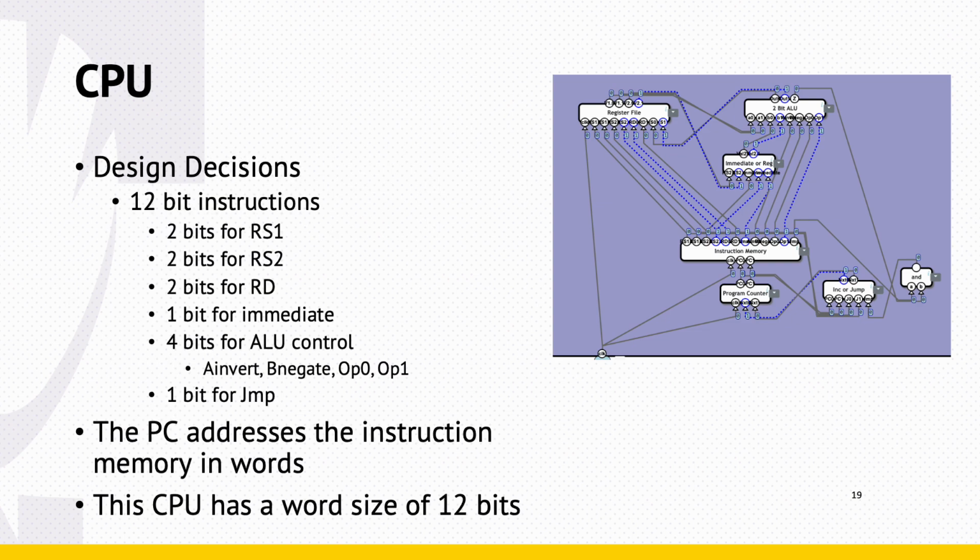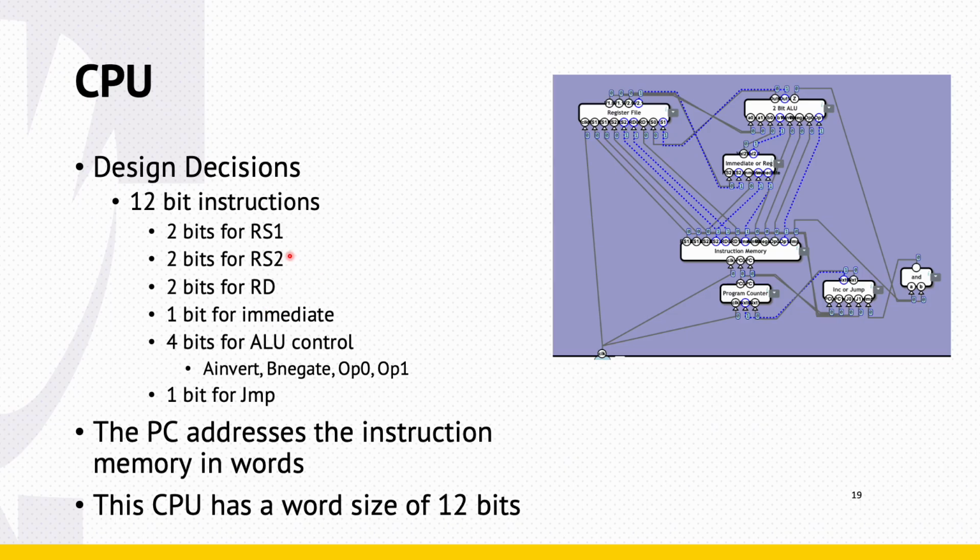And these are a few design decisions that were made along the way when developing this CPU. First, we have 12-bit instructions. We've already seen that when we discussed our instruction memory, right? So we have 2 bits for our source register 1, 2 bits for source register 2, 2 bits for our destination register, 1 bit for the immediate, right?